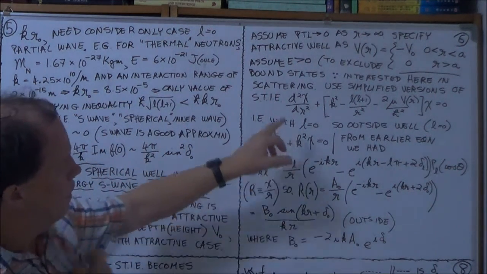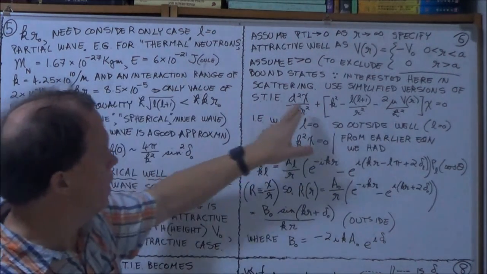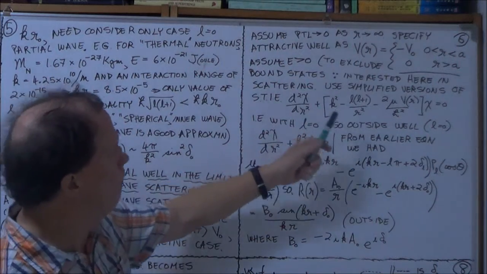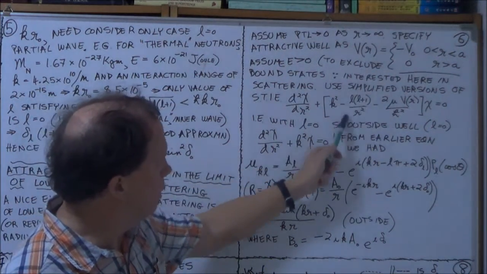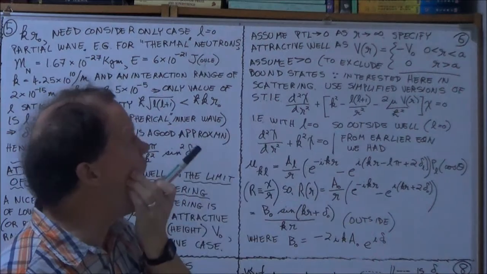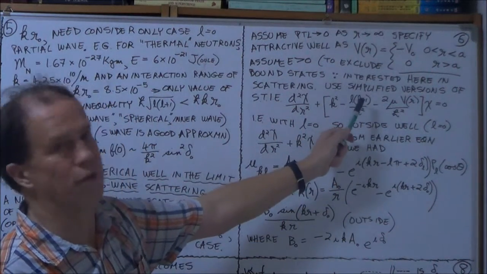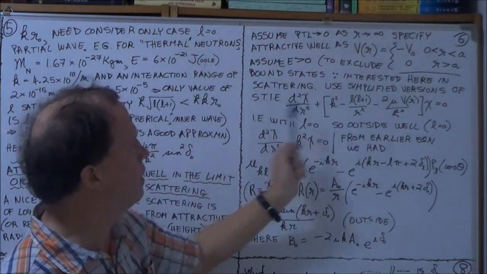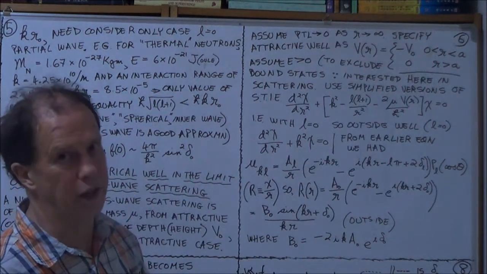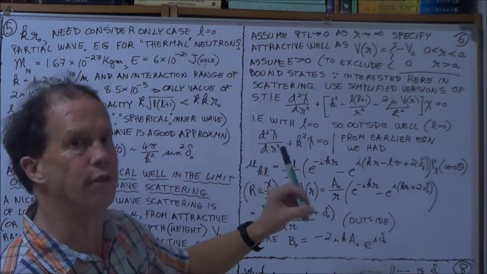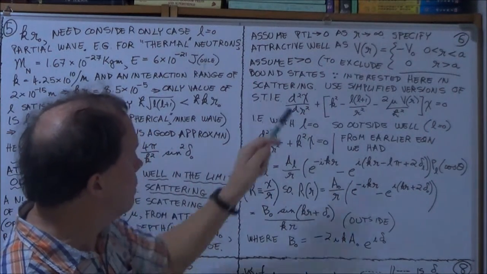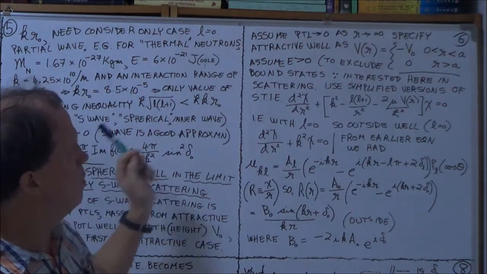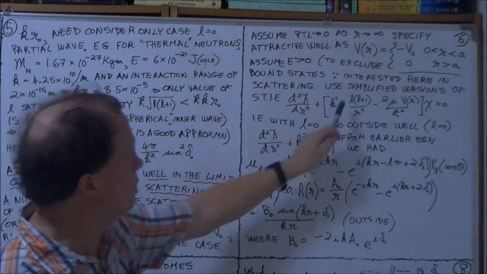That gave us an equation from the Schrödinger equation in terms of chi of this form. This is your angular momentum term, and that was sort of thrown at you really. You won't understand where that term in the Schrödinger equation came from until you've done angular momentum in quantum mechanics. Anyway, you've seen this before from an earlier session, but now we're assuming S wave scattering, so L is 0, so this term drops out.